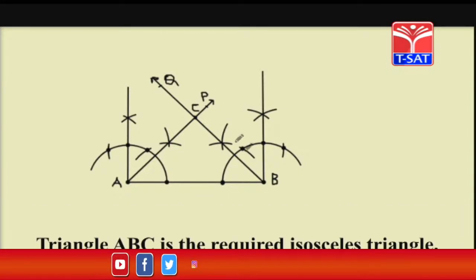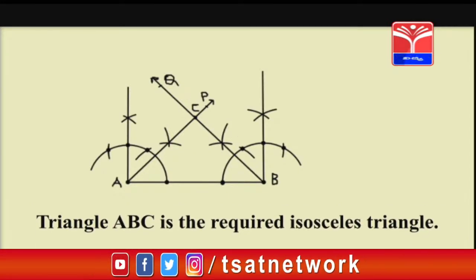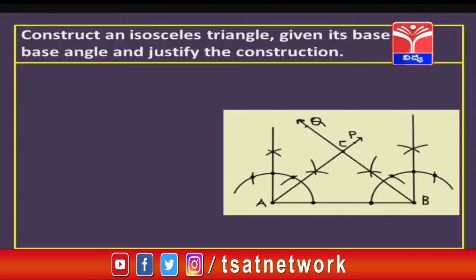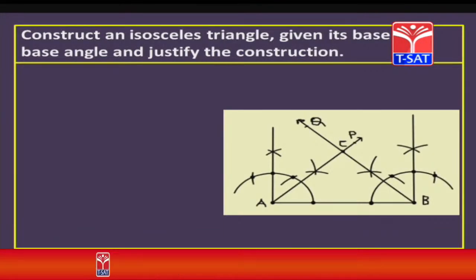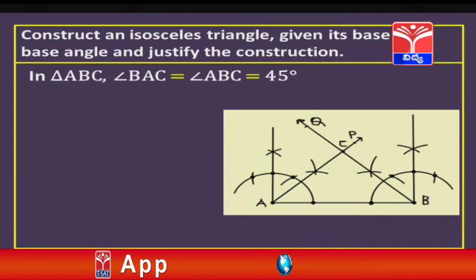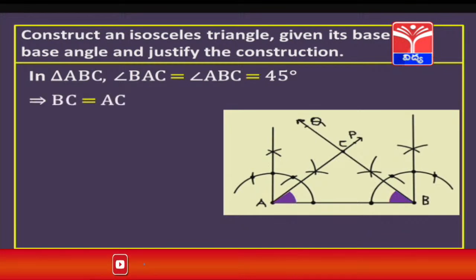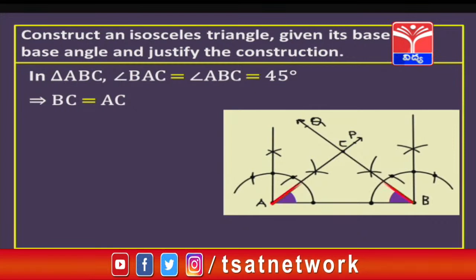Now, the triangle ABC which is formed is the required isosceles triangle. So, let us justify this construction, children. Now, in triangle ABC, angle BAC and angle ABC both are equal and equal to 45 degrees each, right. Then I can write BC equal to AC. Why are BC and AC both equal, children?